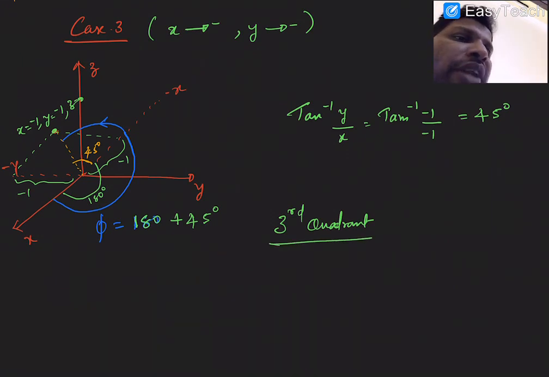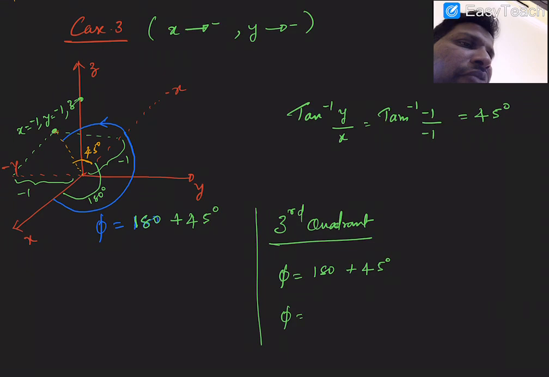So if you are in the third quadrant, your phi is equal to 180 plus this 45. In general, you can say if you are in the third quadrant, your phi is equal to 180 degrees plus tan inverse y over x. Here y is negative and x is also negative. So this is the scenario.